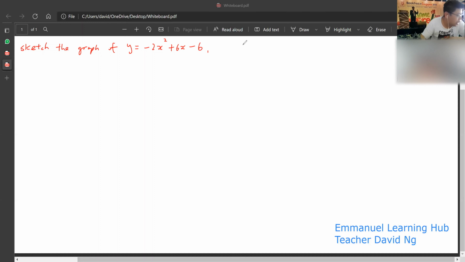Sketch the graph, right? State is maximum or minimum value. Okay, not just state the max and min value, and also the value of x.